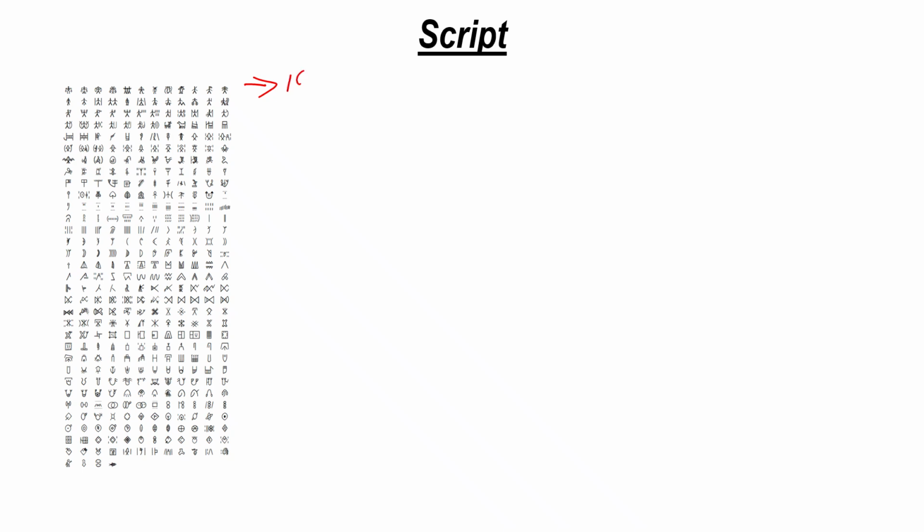So in 1875, the first seal of a humpless bull, H-U-M-P, humpless bull was discovered. It had 6 signs above it.